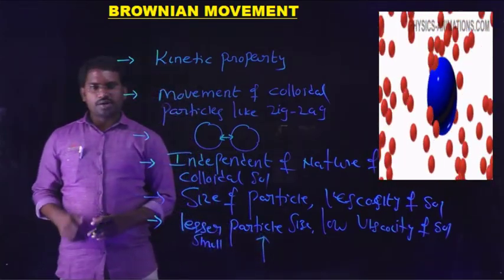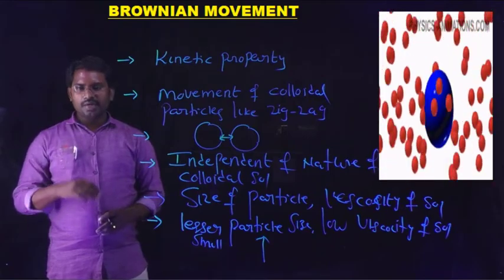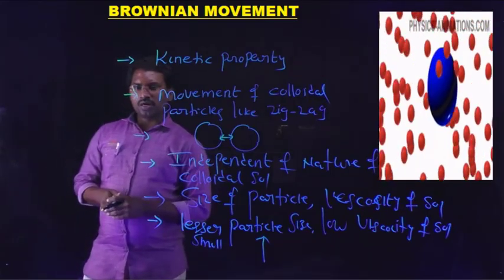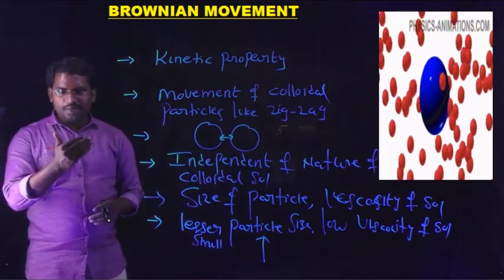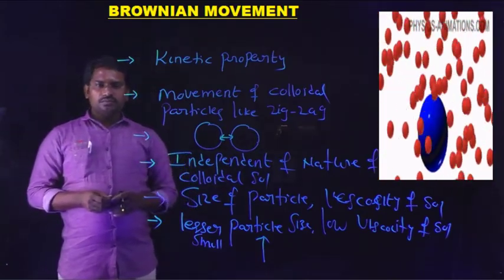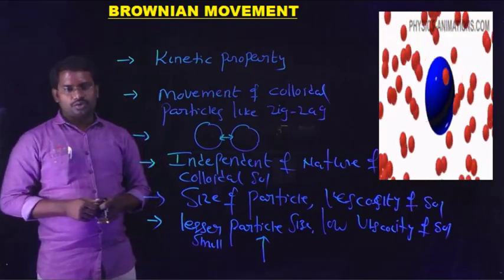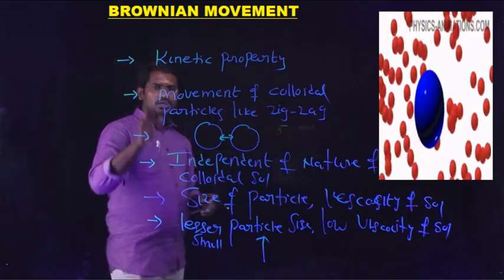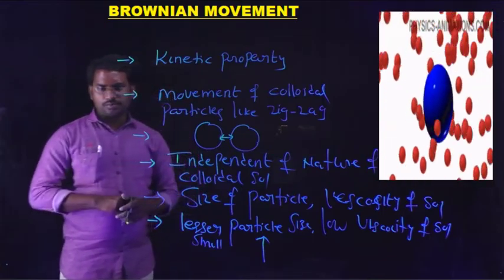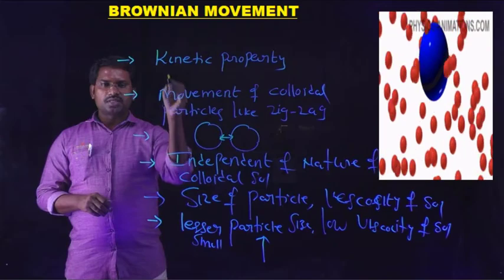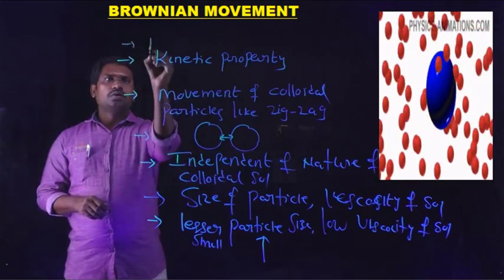This is the main important thing. The Brownian movement does not depend upon the nature of the colloidal solution, but it depends upon the size of the colloidal particle and the viscosity of the colloidal solution. This is about the Brownian movement. Brownian movement was proposed by the scientist Robert Brown.